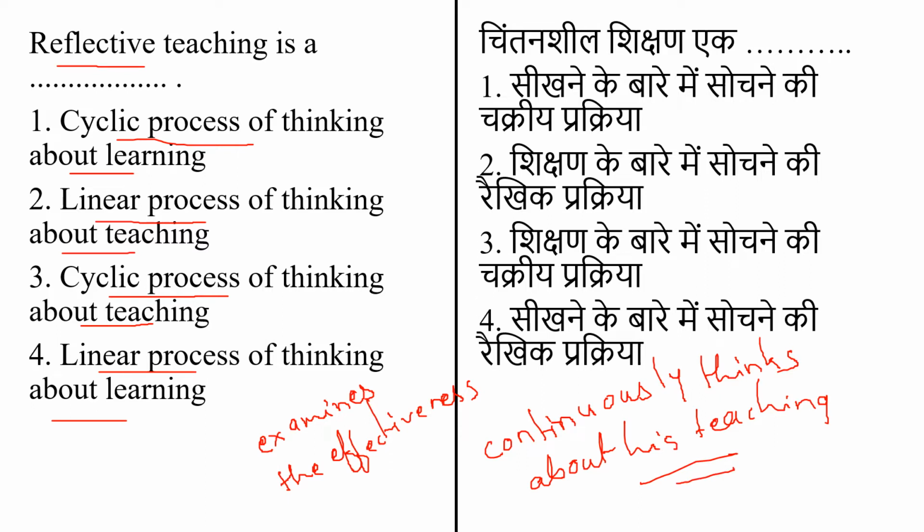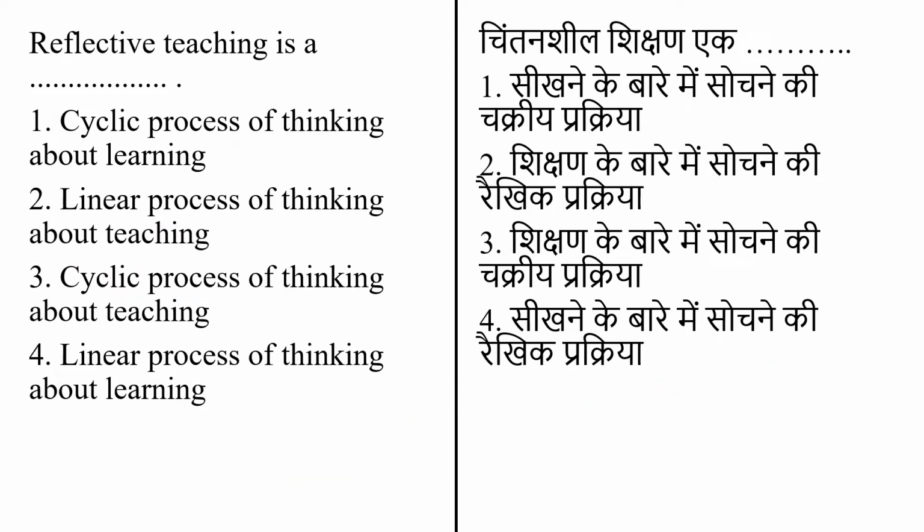Reflective teaching is a great method used by seasoned and new teachers to improve their method of teaching. So here the correct answer will be option number 3, that is, it is a cyclical process of thinking about the teaching. Why? Because here the teacher is continuously thinking about his or her teaching and how he or she can improve it.